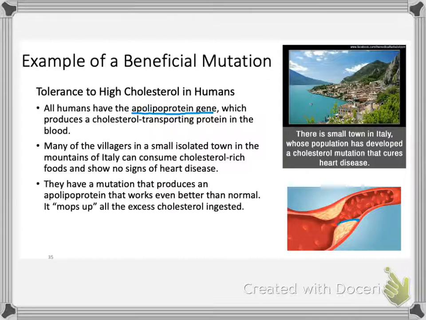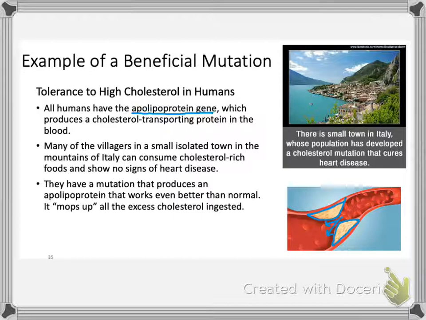If we do not have a lot of this protein, or it doesn't work very well, or we eat too much cholesterol, so our protein can't collect it all, we end up with these cholesterol plaques in our blood vessels, and it makes it really hard for blood to go through, and that can lead to heart attacks, strokes, aneurysm, things like that. So basically blocked blood flow.